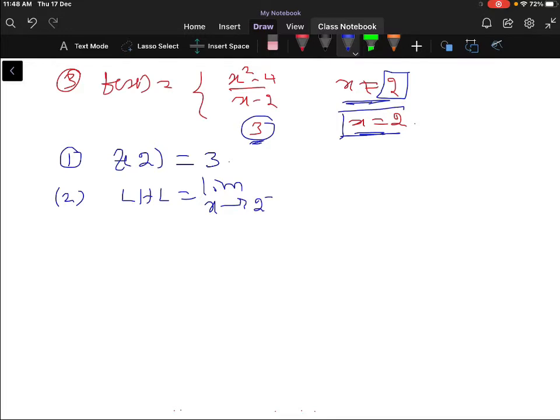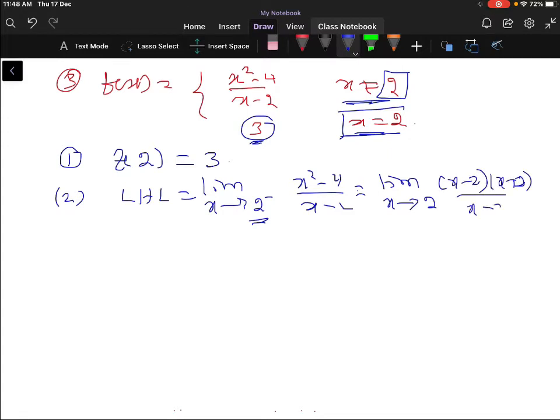So when x approaches 2 from the left side of 2, x square minus 4 can be written as x minus 2 into x plus 2 by x minus 2.